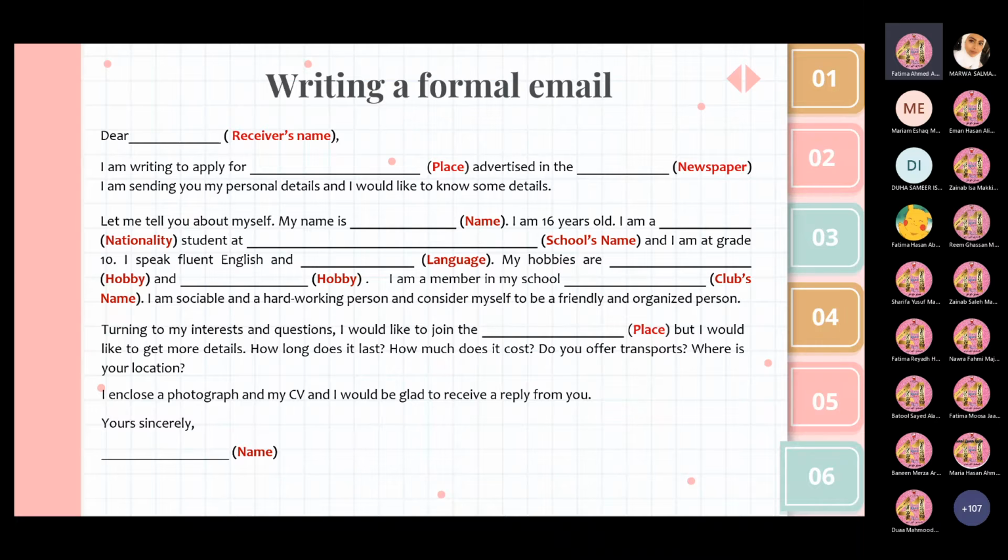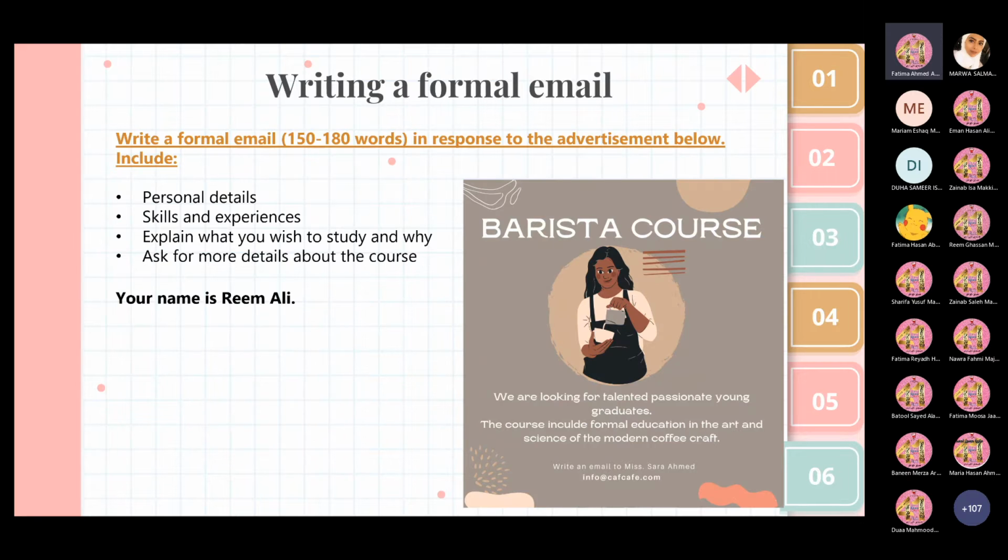As the example we've said, my name is Maryam Ahmed, so you write "Yours sincerely", comma, and then in the next line you write Maryam Ahmed. That's it. How easy. Any questions before we move to the example? If there are any questions, please raise your hand or write in the chat.